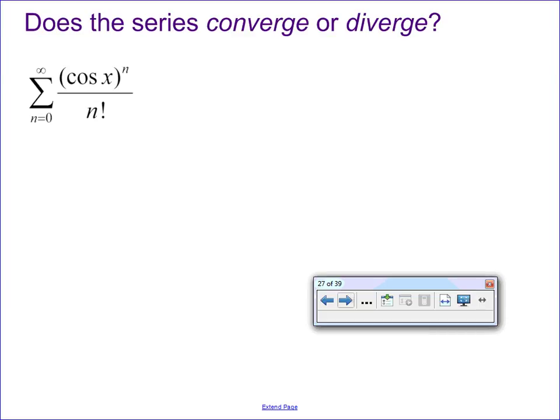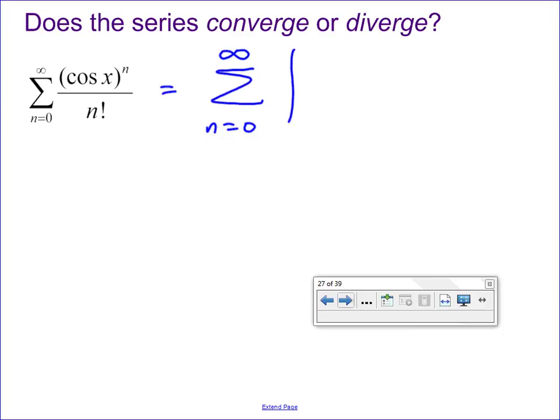Well, are those terms all positive? Well, no. We know that cosine oscillates between positive 1 and negative 1. And so we can't do the direct comparison, but we can consider absolute convergence by simply considering the absolute value of the original.